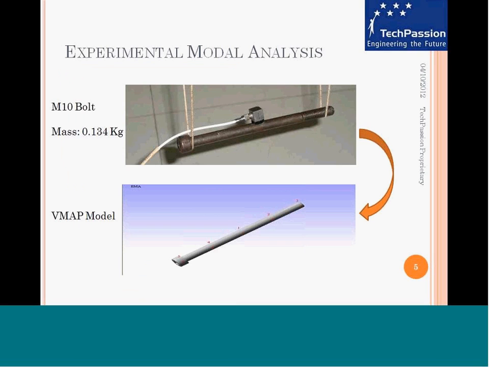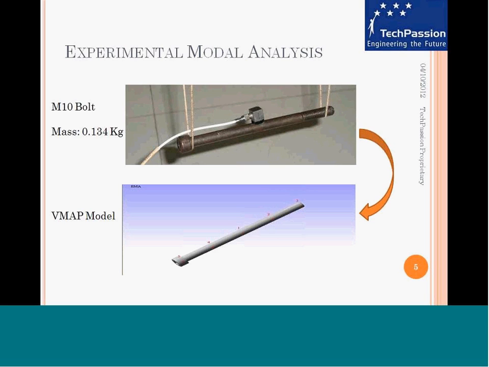So moving on from simulation, we took these bolts and did experimental modal analysis on them. The mass of the bolt is mentioned here because its mass in relation to the mass of the sensor is critical when it comes to doing this experiment. We could improve accuracy even further by using a smaller sensor.